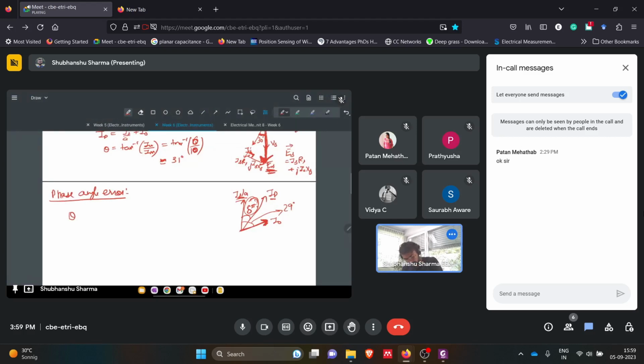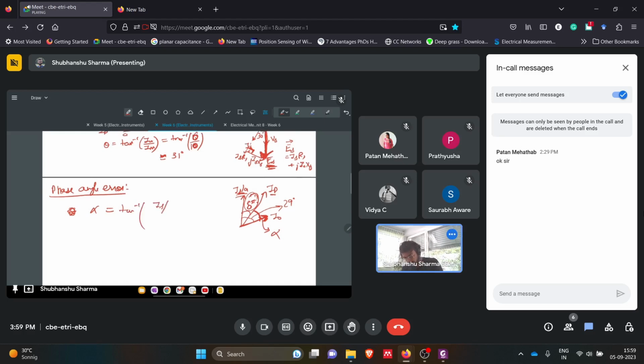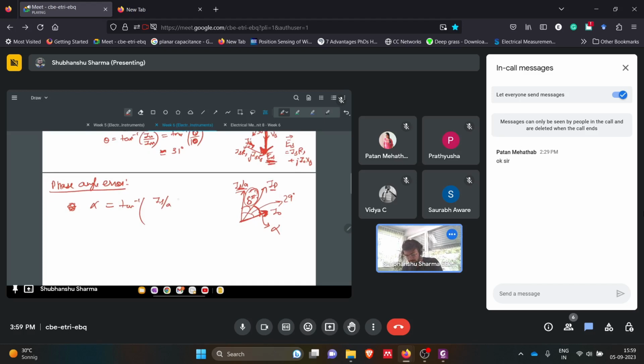Let's say I denote this as alpha. So this alpha is equal to tan inverse of Is by A sin 29, that is the full angle between them, divided by I naught plus Is by A cos 29.